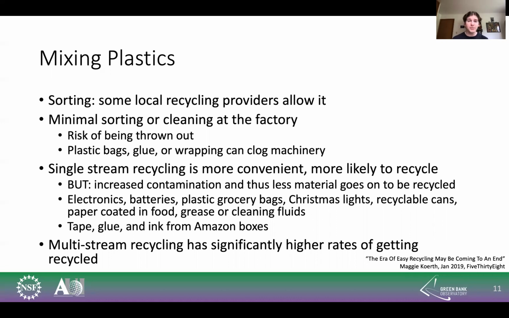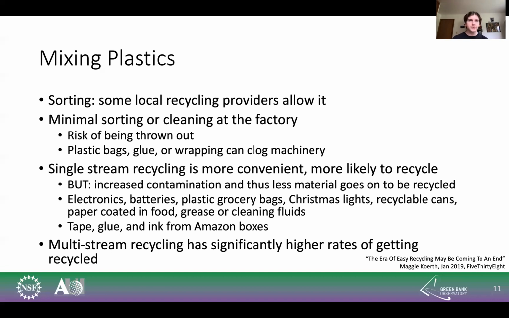Also, as I mentioned before, with wish cycling, don't mix in things like plastic bags or packaging wrapping, which can't necessarily be handled even by these single stream systems, as they risk clogging the machinery. There are often other services available for taking those plastics in to be recycled.